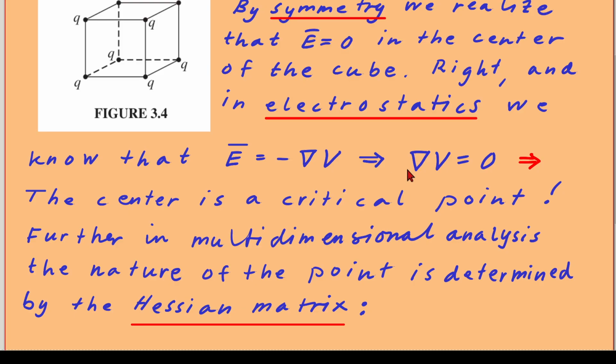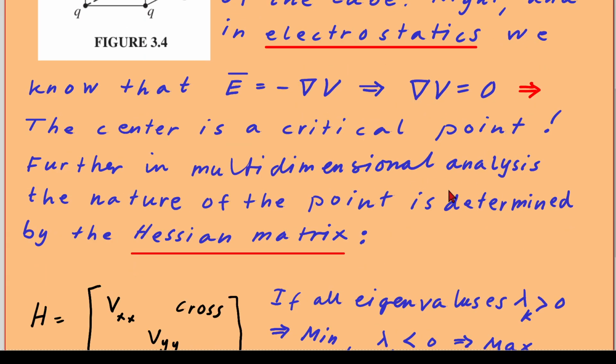If you have a function of x, take the derivative, set it to zero, that is a critical point. Then the question is, is it a max, min, or maybe a saddle point? Similarly, in multidimensional analysis, check that the gradient is zero, and then we need to determine what kind of character this point has.